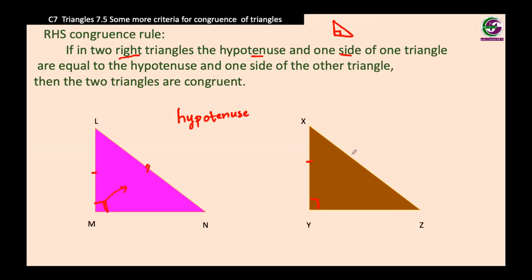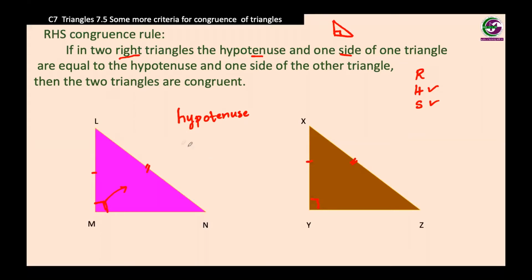If the hypotenuse of both the triangles and one of the sides of both the triangles are equal in two right triangles, then the triangles are congruent by the RHS rule. This is also called the RH rule in the international system. They may not refer to the letter S, but this is specifically RHS or simply RH.